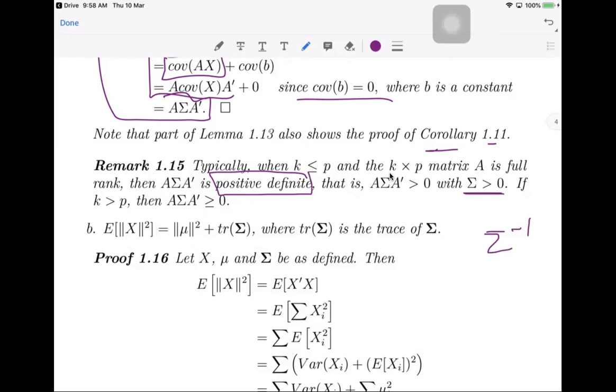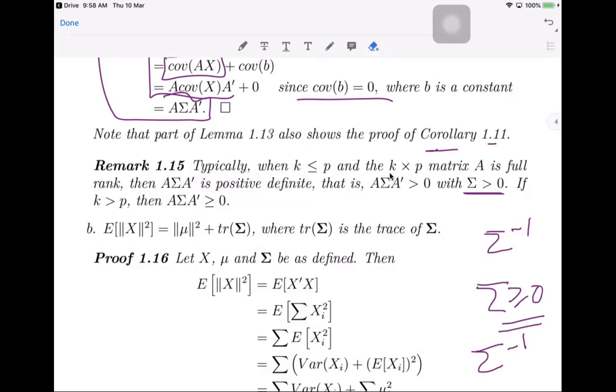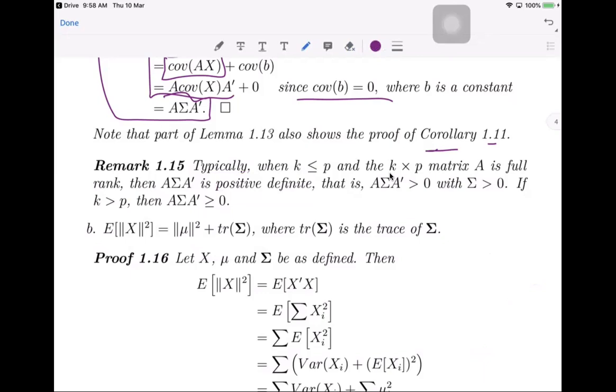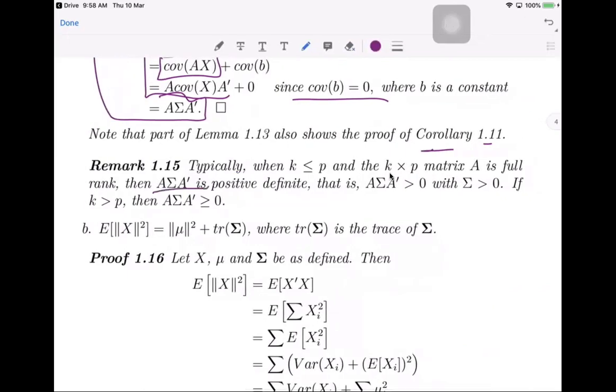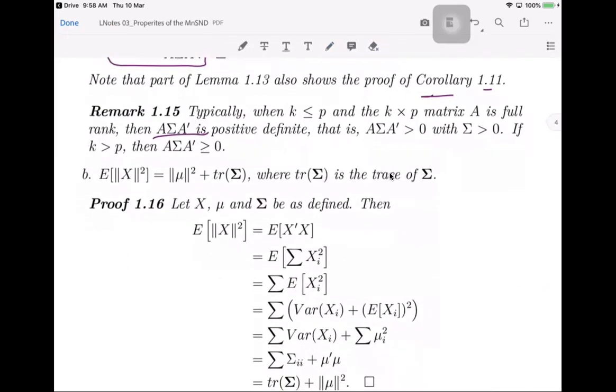If we are not sure that sigma is positive definite, we have a problem with sigma inverse. In the computation of many statistical methods, it always involves the inverse of your covariance matrix. So it is very important that A sigma A prime, for any matrix A, should be positive definite for sigma to be positive definite. Okay.